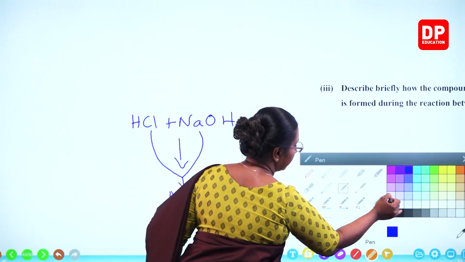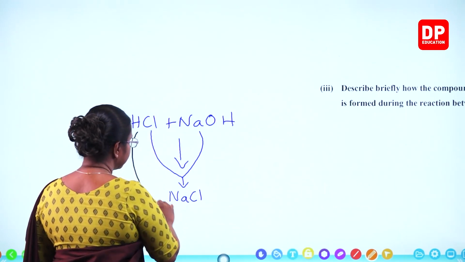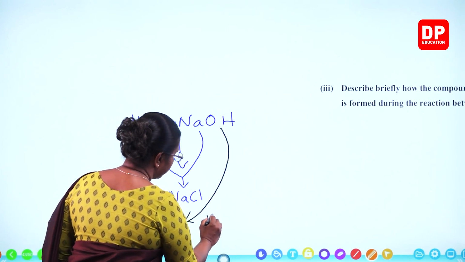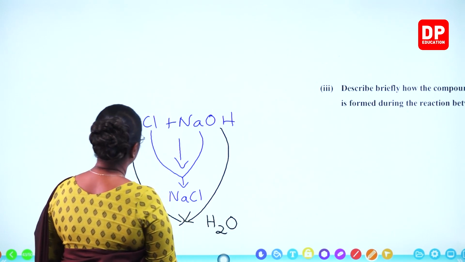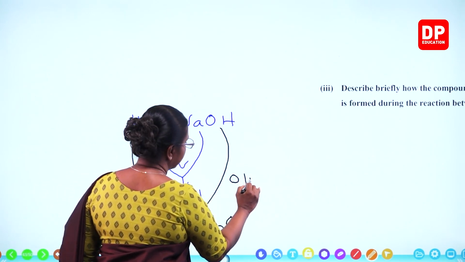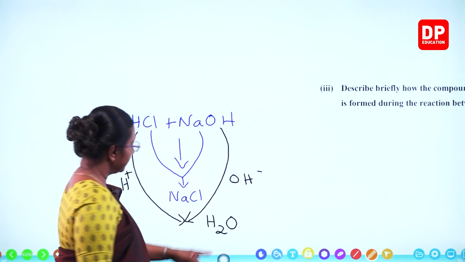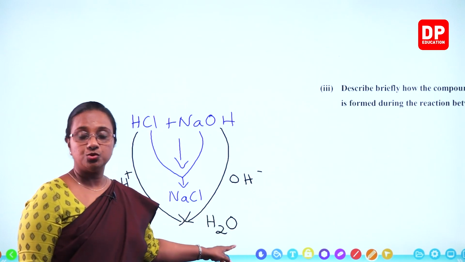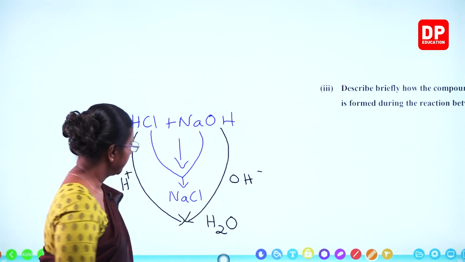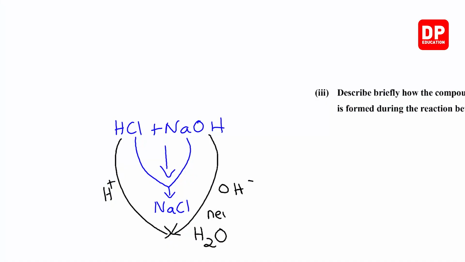At the same time, H plus ions and OH minus ions combine and form water. So here it is H plus and OH minus from the base. They combine to form H2O. That is what we call neutralization.